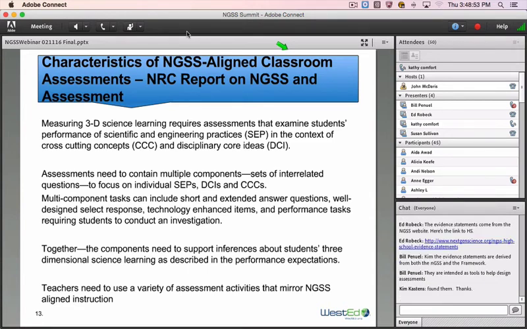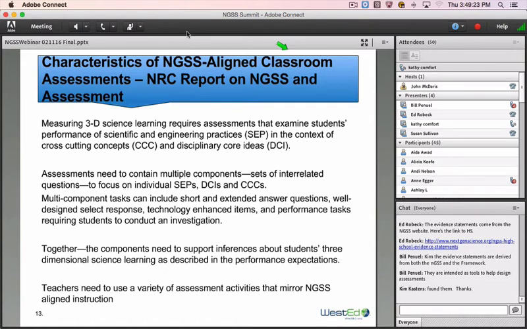In some of the work that we're doing with state summative tests, we're developing what we call scenario events. And within those scenario events, we're playing out the performance expectations and using the evidence statements so that we can address the practices, DCIs, and cross-cutting concepts within that instrument. And together, these components need to support inferences about students' 3-dimensional science learning, as described in the performance expectations.